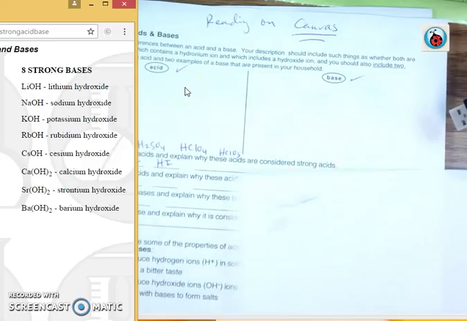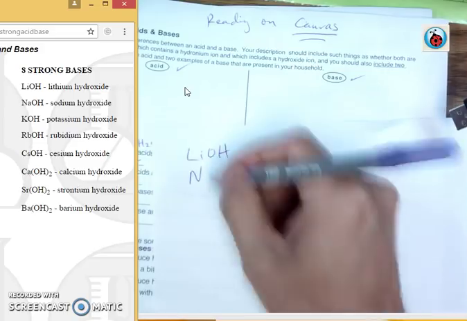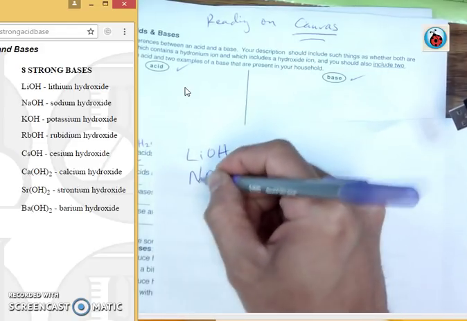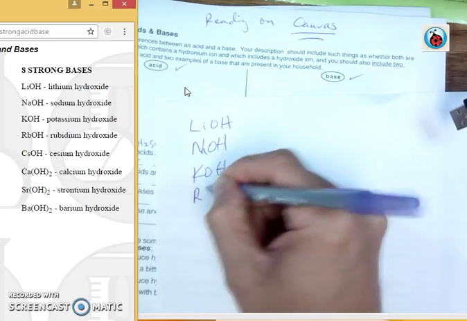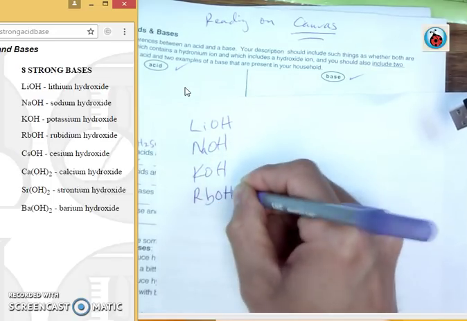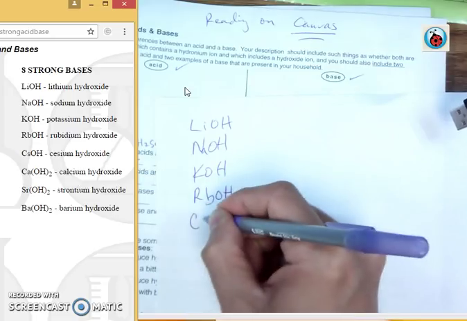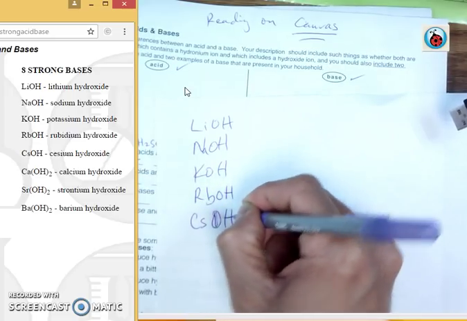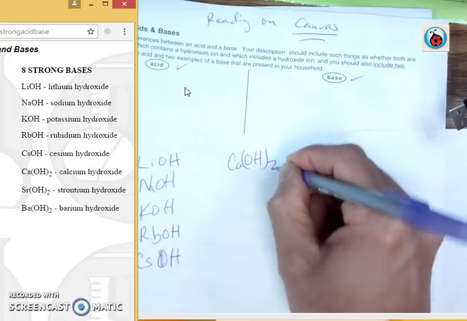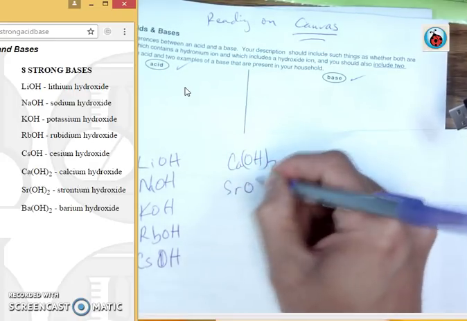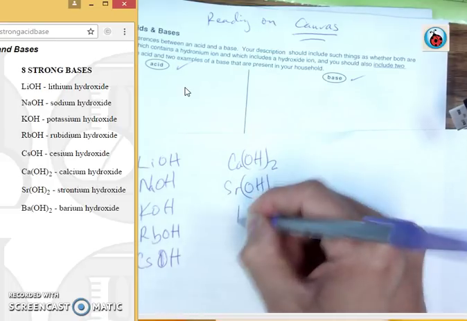LiOH, NaOH, KOH, RbOH, rubidium hydroxide, cesium hydroxide, Ca(OH)2, Sr(OH)2, and Ba(OH)2.